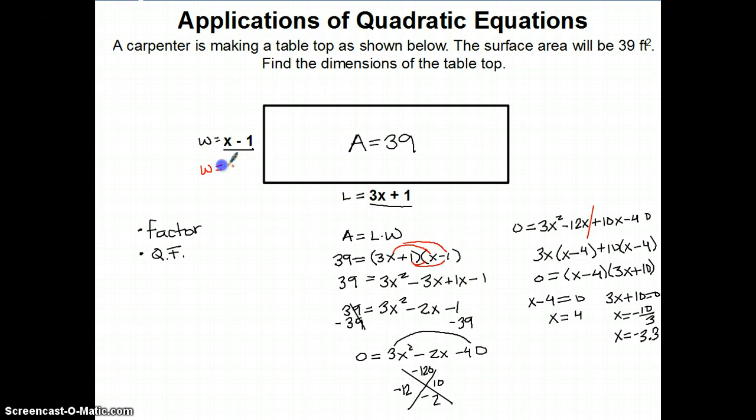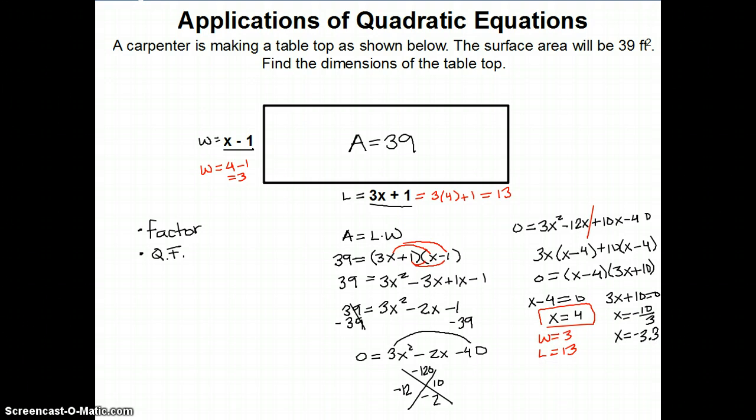W equals 4 minus 1, which is 3. And my length, when I plug in a 4, 3 times 4 is 12, plus 1 is 13. So when I plugged in a 4, I got W is 3, and I got length is 13.